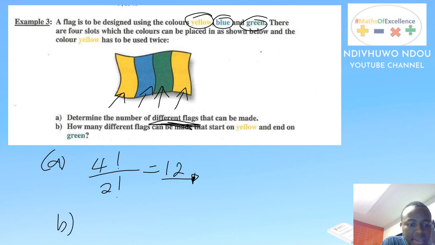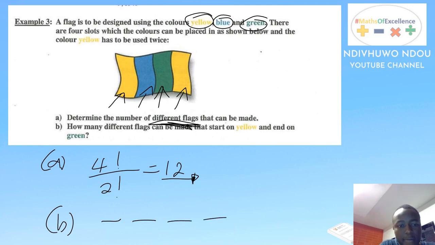Awesome. B, how many different flags can be made that start on a yellow and end on green? So it must start on yellow, but it must end on green. We have 4 slots, 1, 2, 3, 4. If it's starting with yellow, in the first slot, it must be yellow, so there's only one way to do so, right?